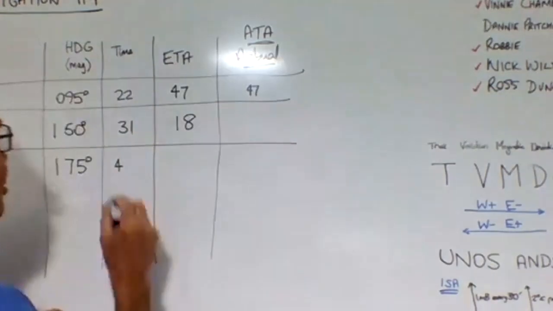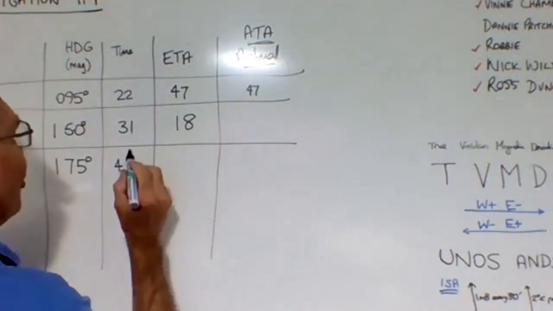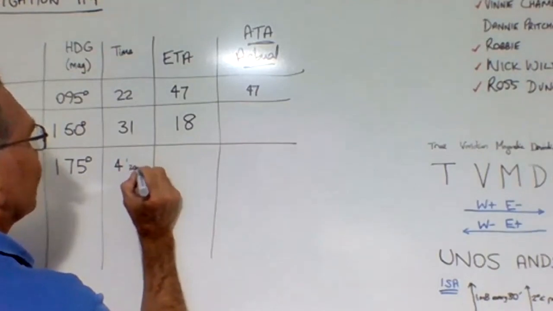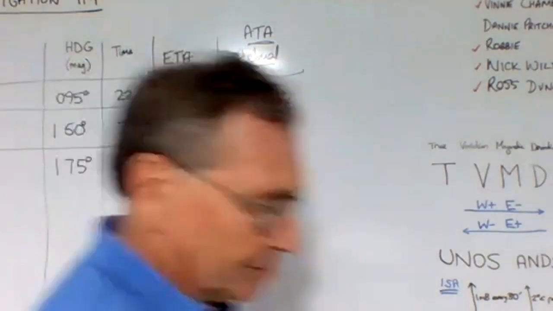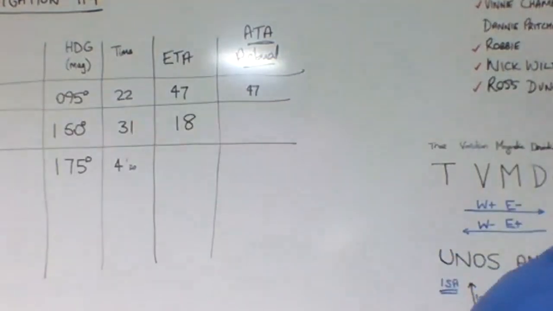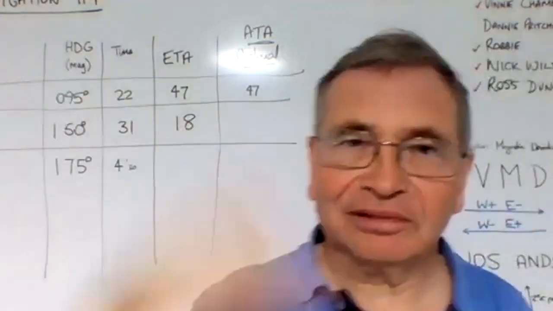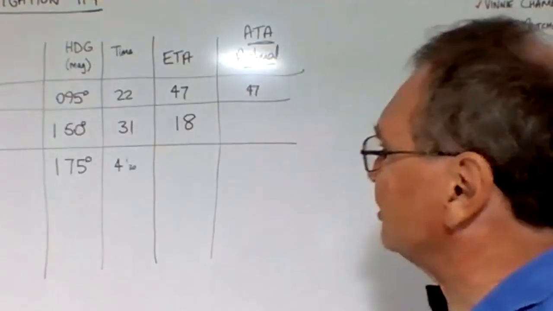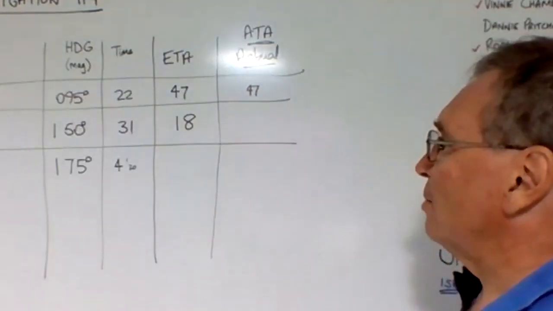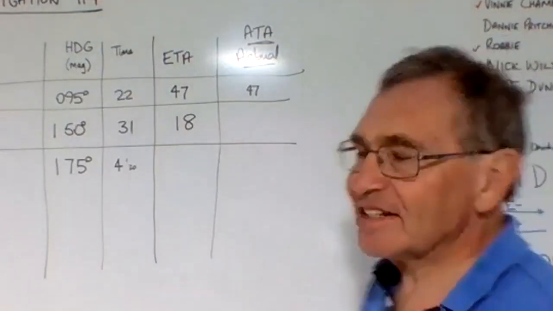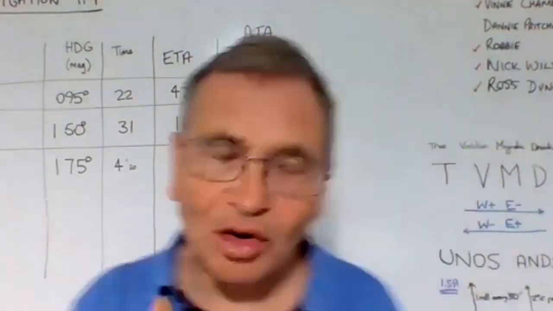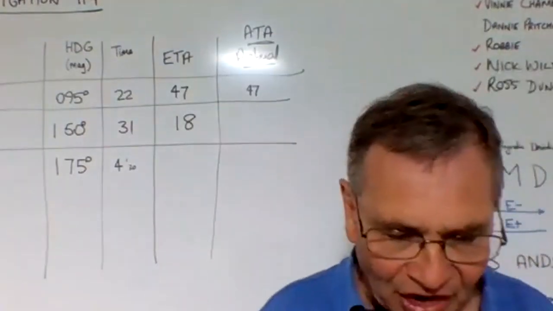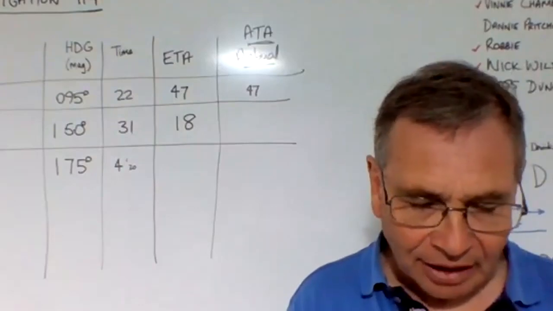So you might need to use 4 minutes, 30 seconds. You might well find that rounding up or down just isn't going to be accurate. Generally, legs that are less than 10, you quite often will need to bring in the seconds if they're halfway between.